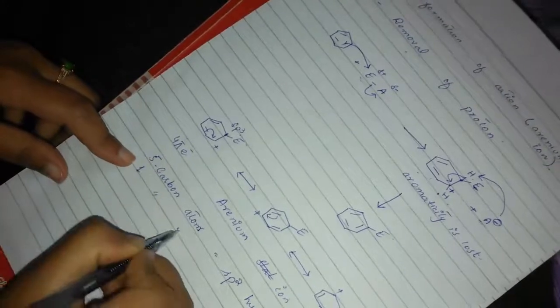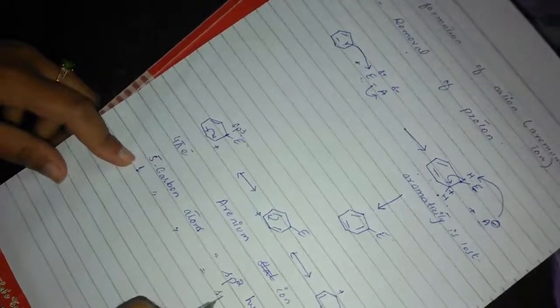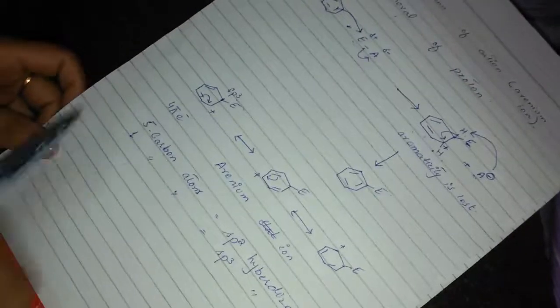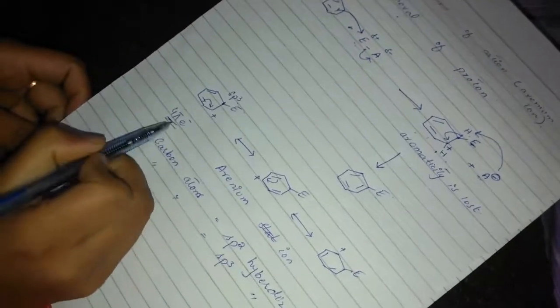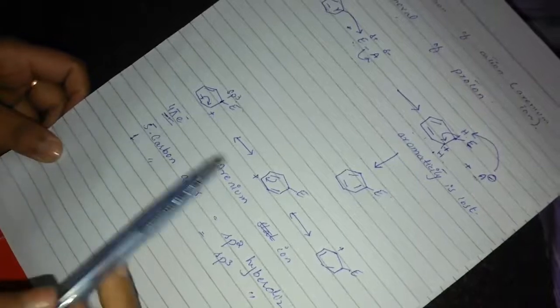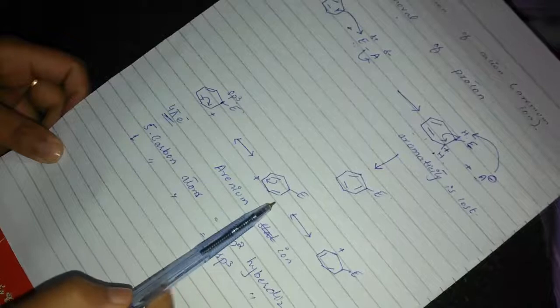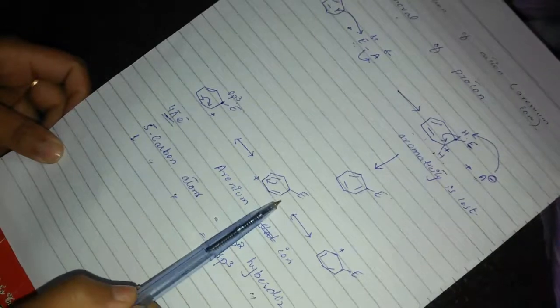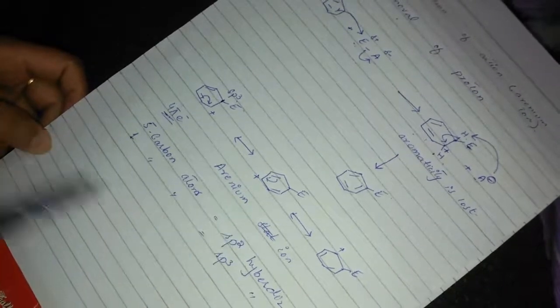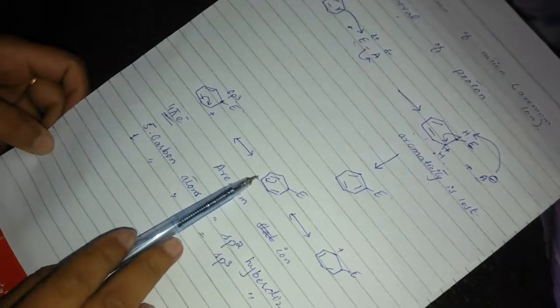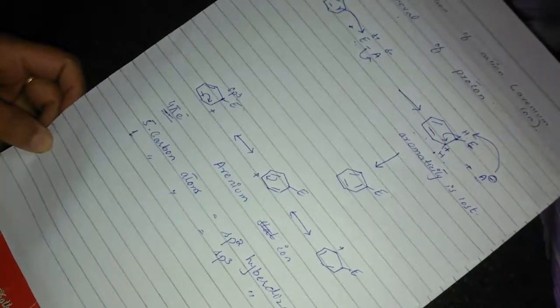The four pi electrons then resonate over the five sp2 hybridized carbon atoms, or the p orbitals, and this stabilizes the intermediate.